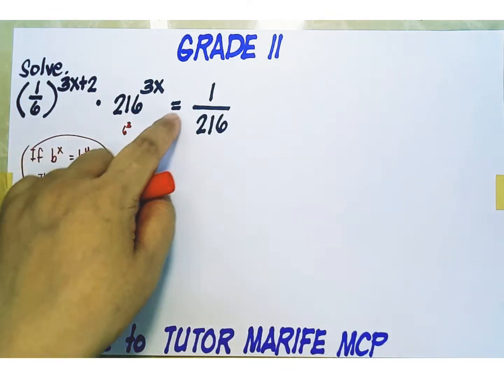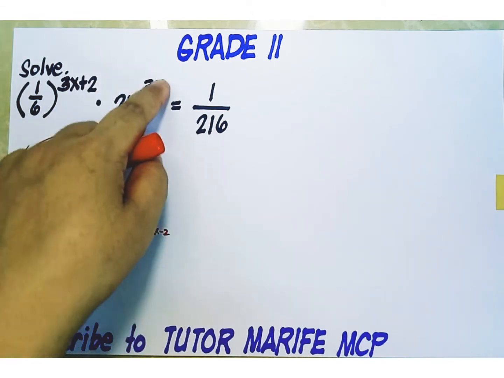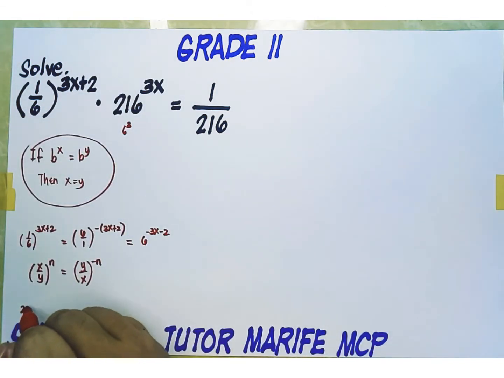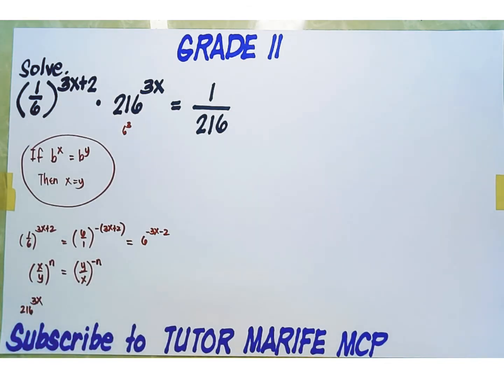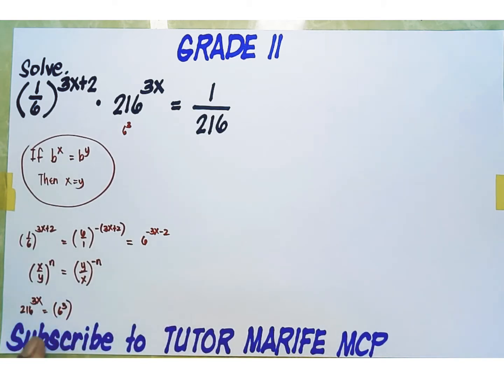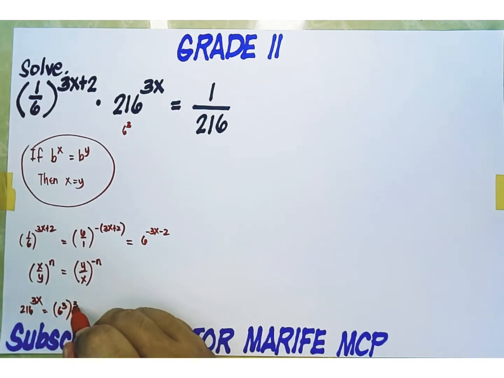Okay, so let's focus on the second exponential expression on the left side. We have 216 raised to 3x. Let's rewrite 216 as 6 cubed. Copy 3x.